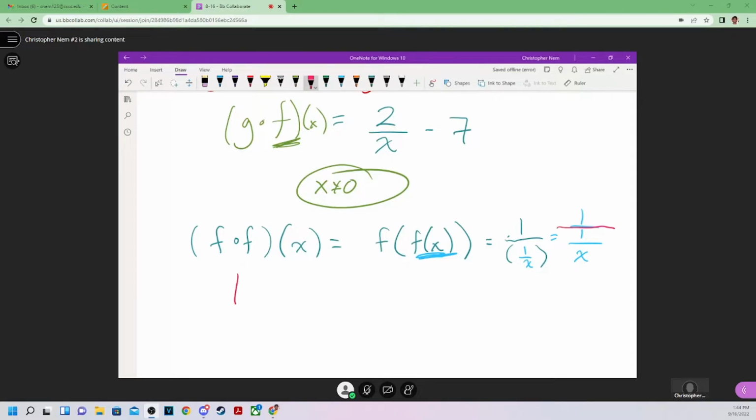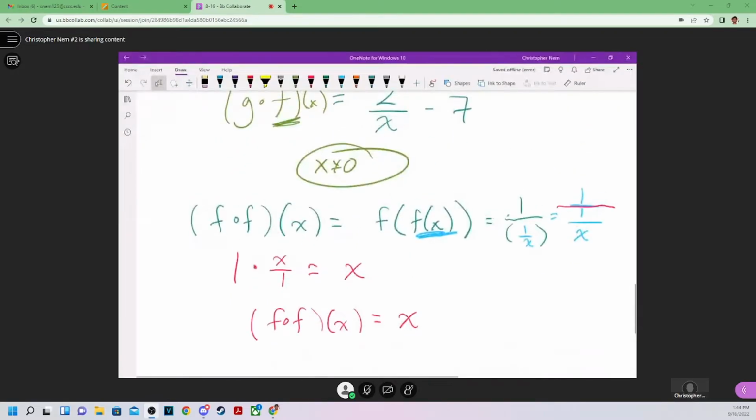So we have 1, then we're going to divide it, which we turn to multiplication: x over 1, reciprocate it, we get x. Boom. So in this case, f of f of x is equal to x. There's a nice little property with that we'll talk about in a bit. So that's how you can do composition of functions.